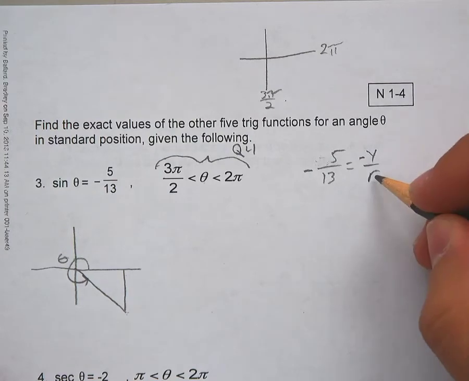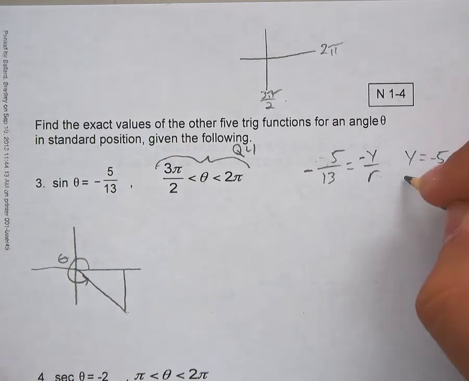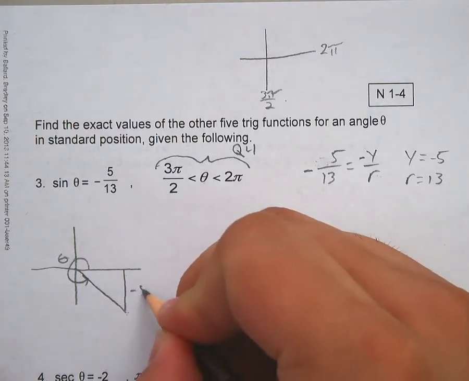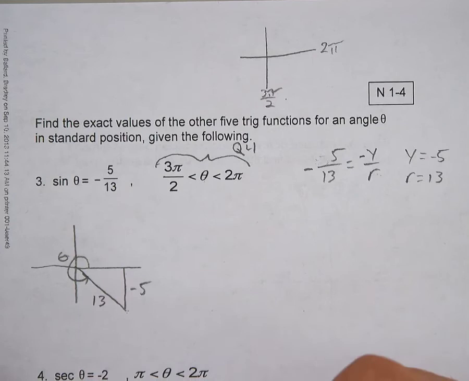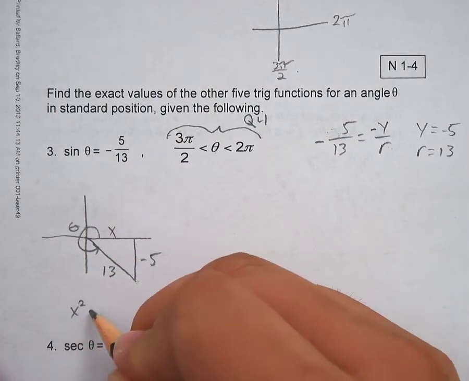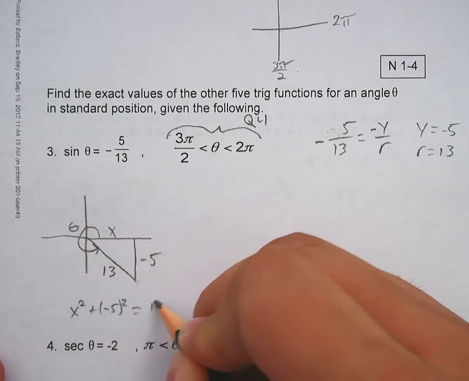It's a distance. So what you've got then is y is negative 5 and r is 13. You can use good old Pythagoras here. Figure out what x is. We'll say x squared plus negative 5 squared equals 13 squared.